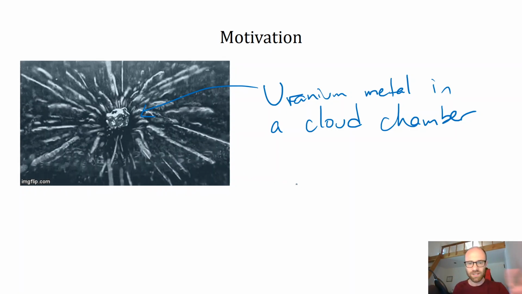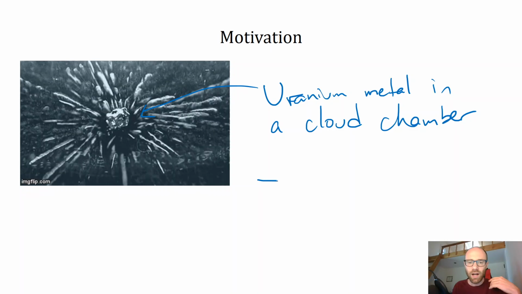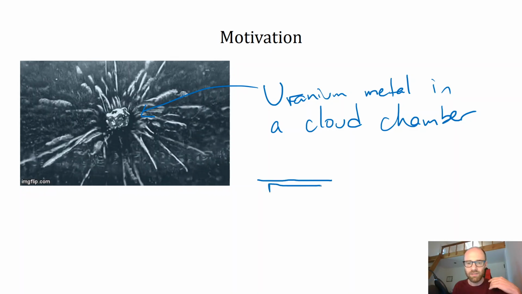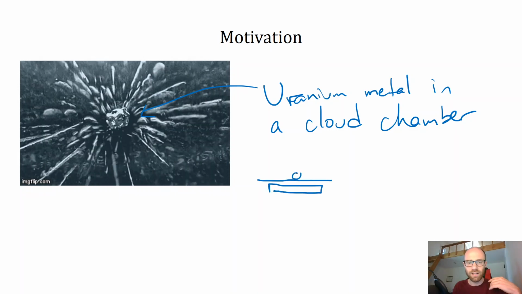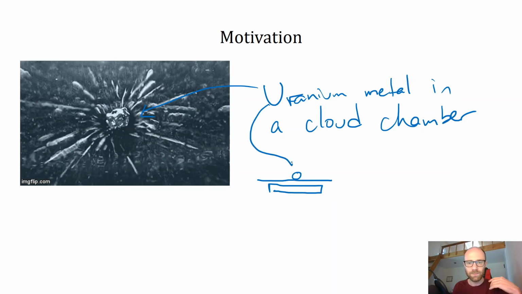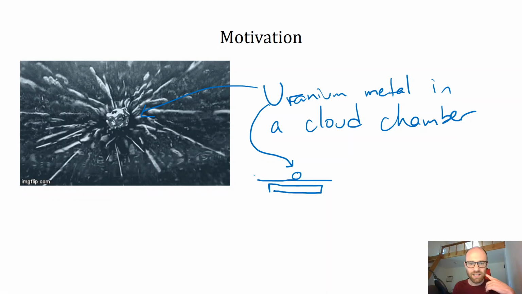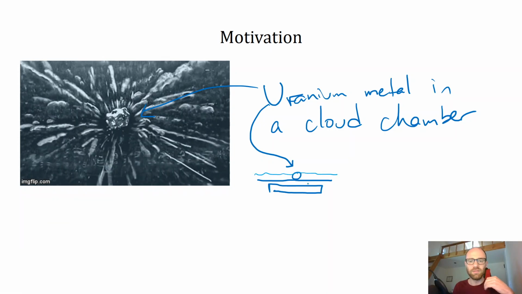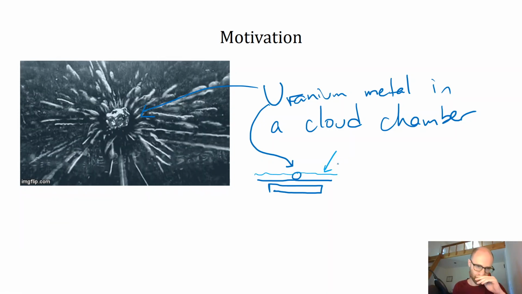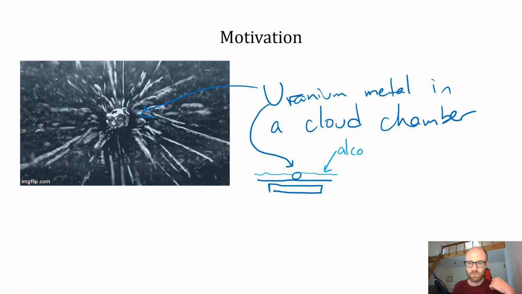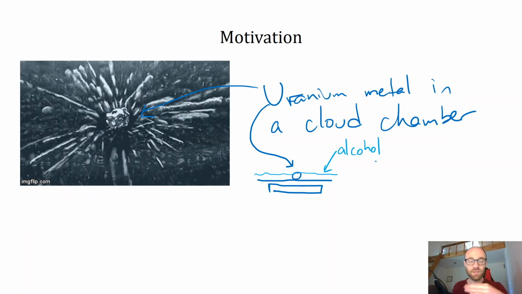So if I could draw this rotated flat, we've got a block of ice underneath your fabric, and then you've got your little piece of uranium here. But at the same time, there's this hazy cloud of alcohol or ketone. But it's vapor, so you can't see it.